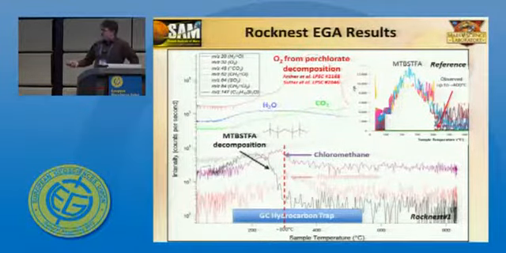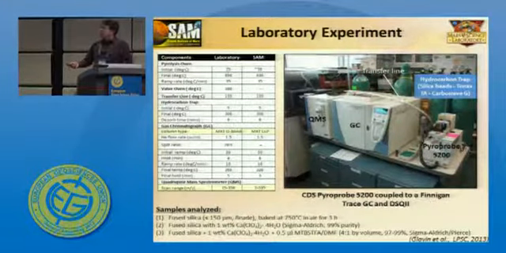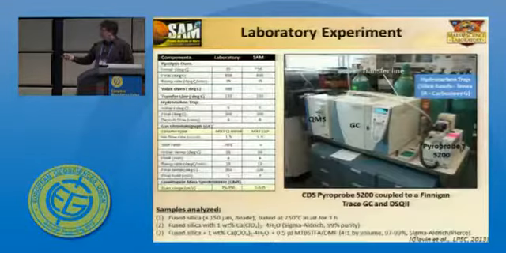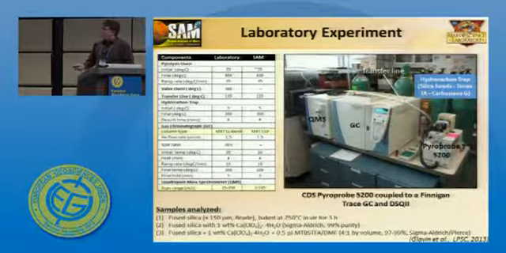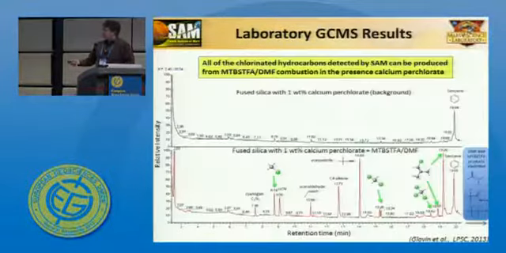But to test this assumption, we performed some laboratory experiments done by my colleagues at GSFC at Washington. And this laboratory experiment reproduced the GCMS system and the sampling system with a pyroprobe, which is a pyrolyzer, allowing to heat the sample to the same temperature as on SAM. And when we perform these experiments, if we put pure calcium perchlorate in the system, we have a rather flat signature with the presence of benzene here coming from the injection trap.